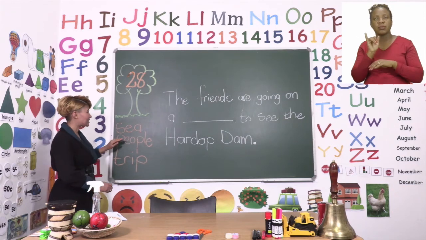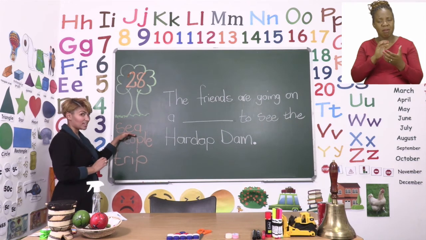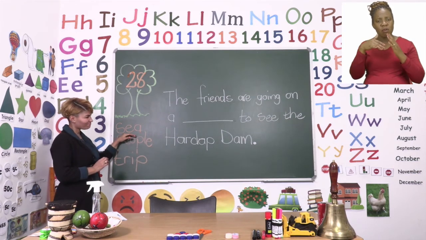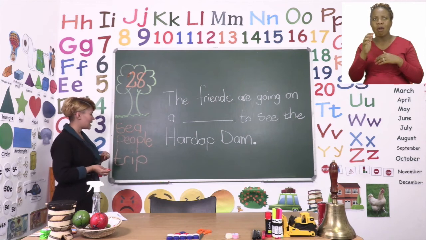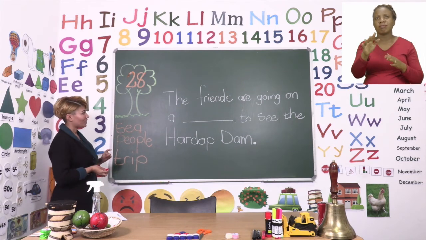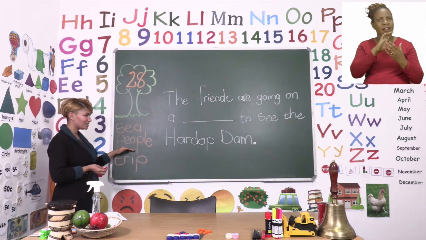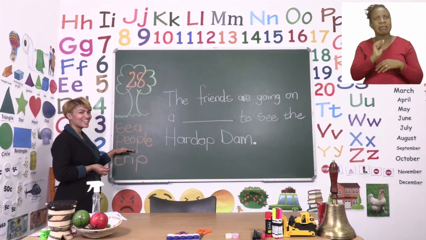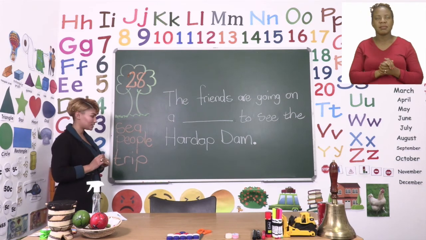Right, let's see. The friends are going on a sea. No, that doesn't really sound right. Let's try the second word. The friends are going on a people. No, that one doesn't sound right either. Let's try the third word.